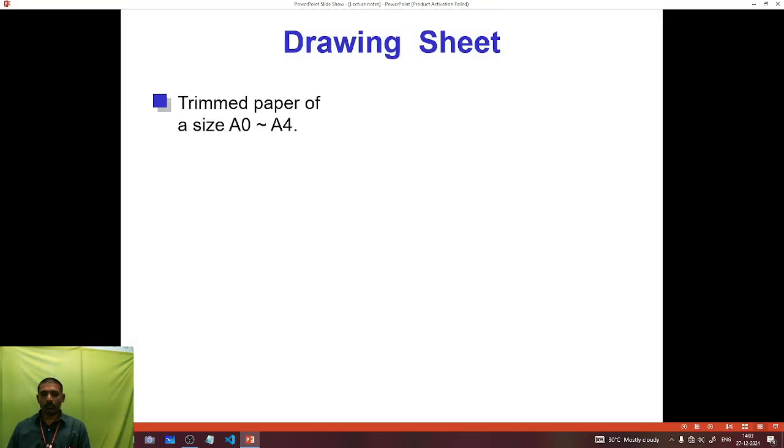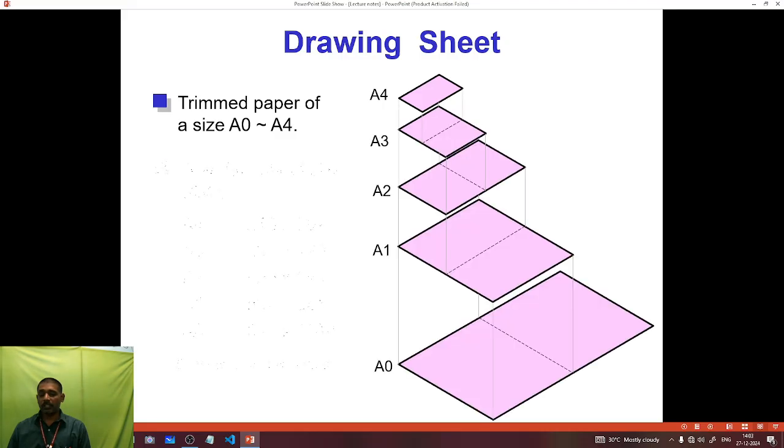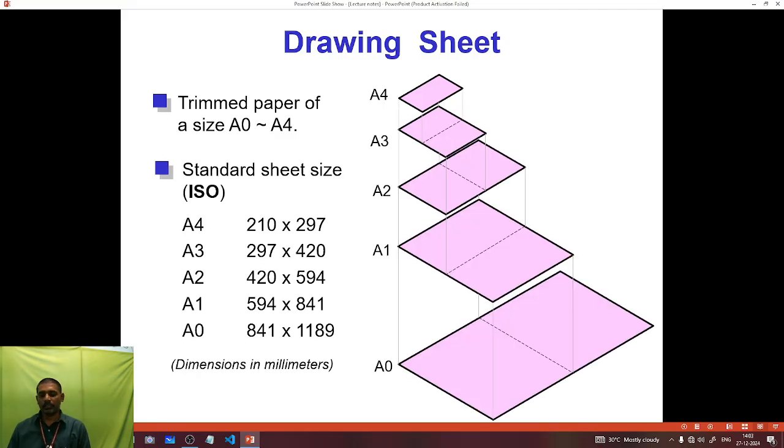Next, the drawing sheet. These are all basic things known to us as engineers. See the drawing sheet categories. The first one is the A4 sheet, which is known to everyone. Next categories are A3, A2, A1, and A0 sheets.